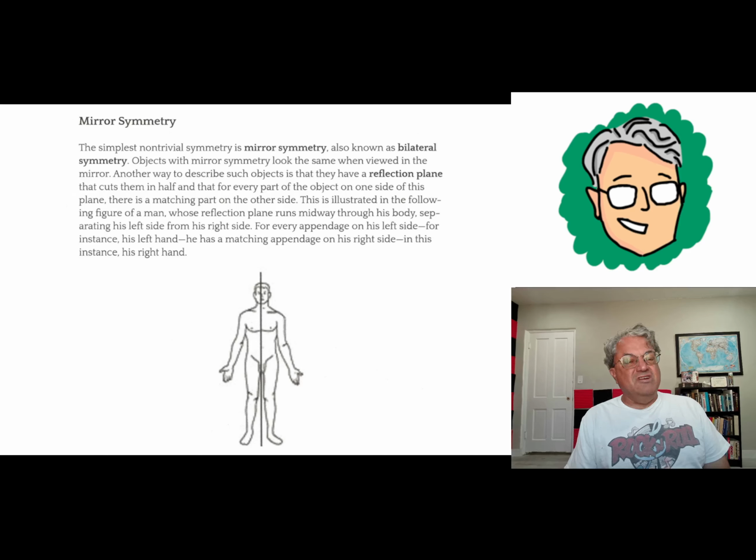I mean, not exactly. This is supposed to be a typical man, but it's a very good approximation. We all have bilateral symmetries. Our left sides look basically like our right sides, and I guess that's part of what makes us attractive. So I think you get the idea. Anyway, that's what mirror symmetry is.